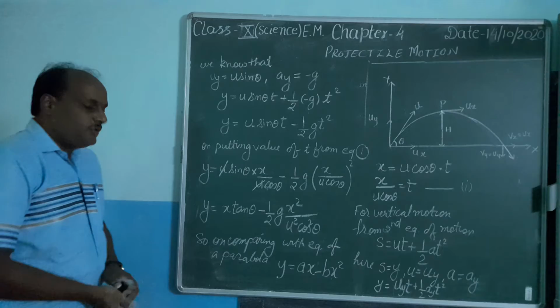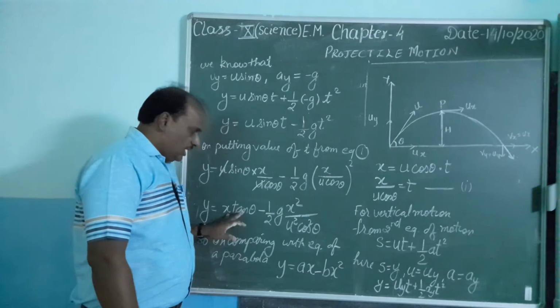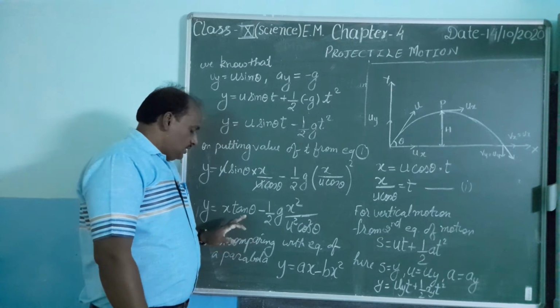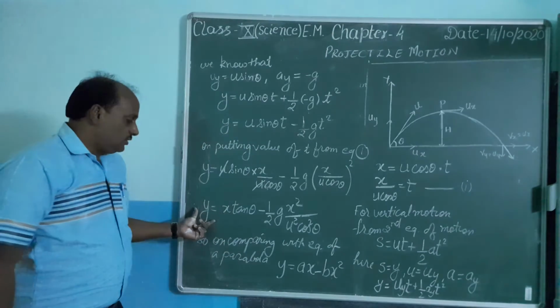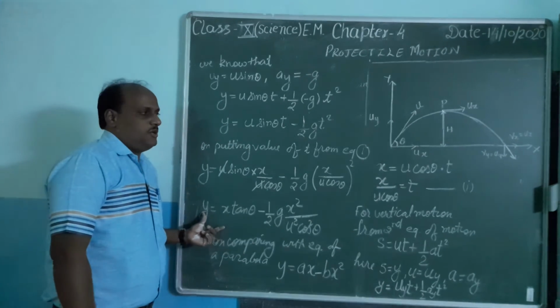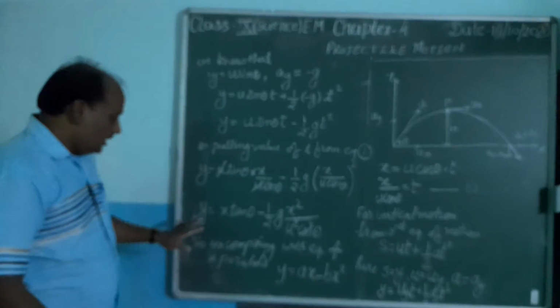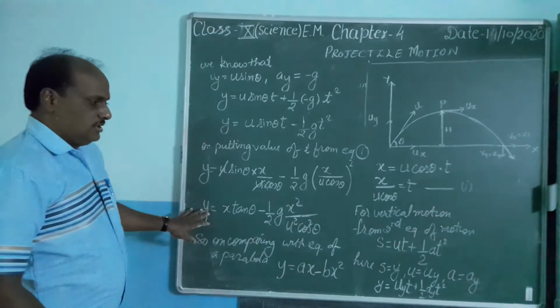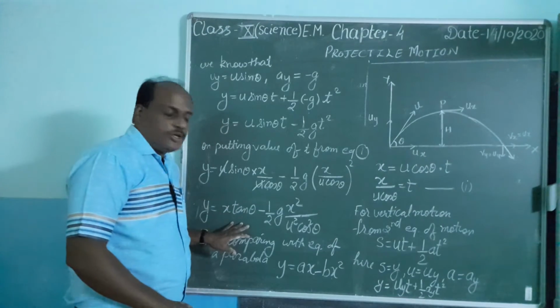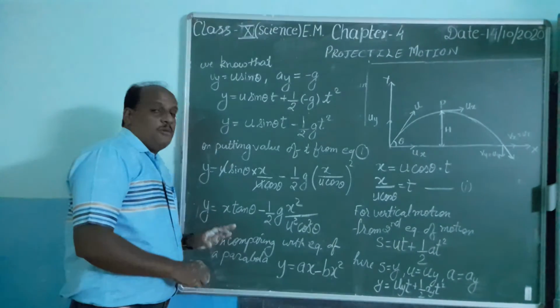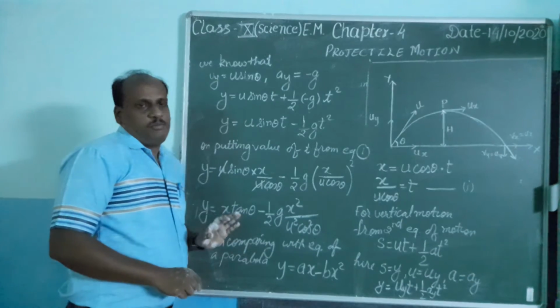This equation resembles it, so that's why this will be an equation of a parabola. So the path of this projectile, the trajectory of this projectile, will be parabolic. So the path of the projectile will be parabolic.